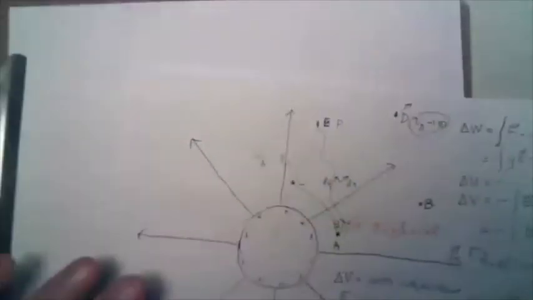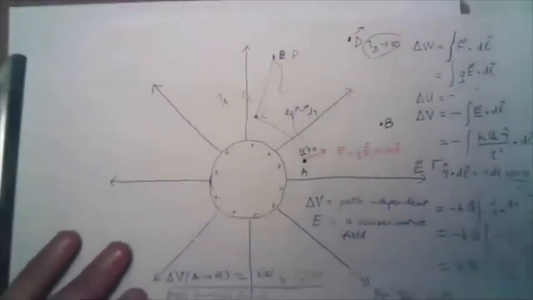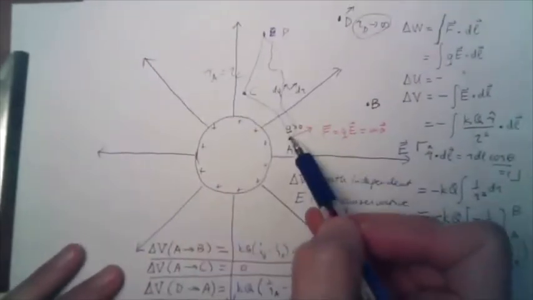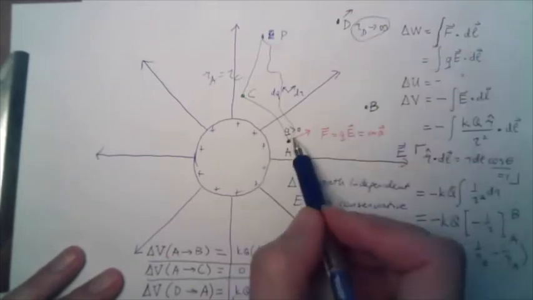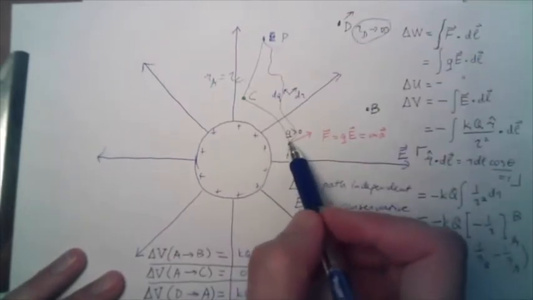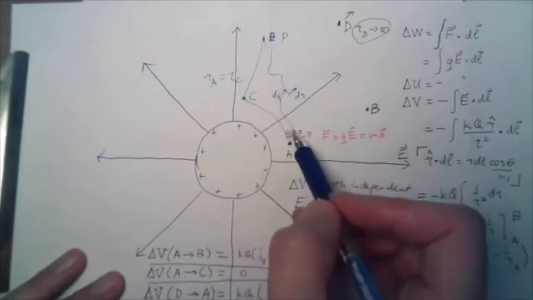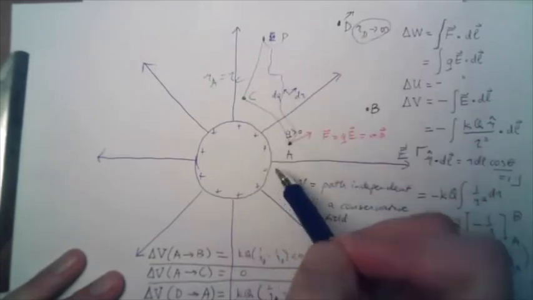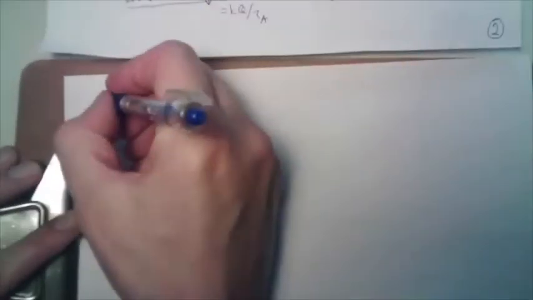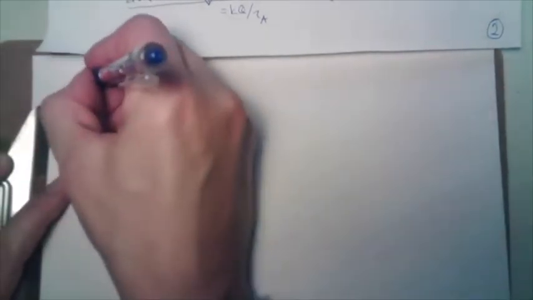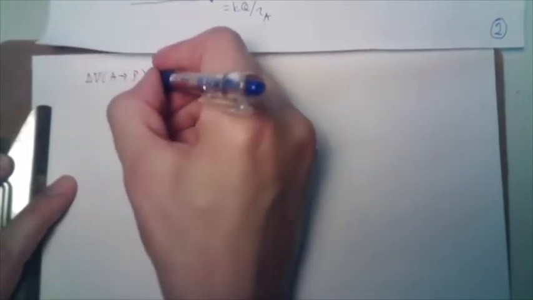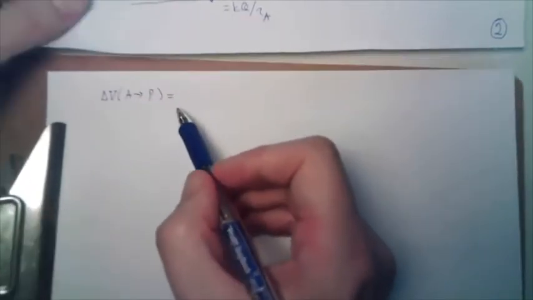So now I have one more thing I want to talk about, and that is reference. So for instance, the path, I said, let's go from point A to P and let's go through D. Its potential difference from A to P does not depend on the fact that we went to D in between. So let's write that down. We're going to take a path from A to P, and then we're going to go through point D first, right?